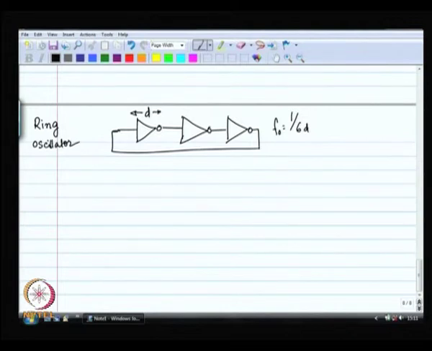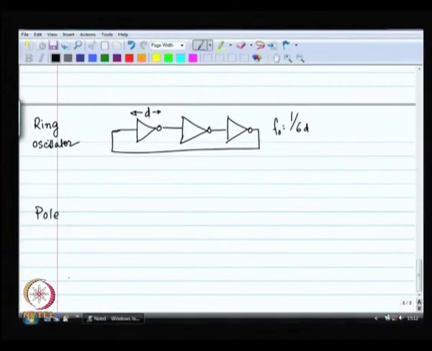A third line of thought is as follows, that you remember your amplifier design, etc., and you remember poles and zeros and so on. What if I place some poles on the j omega axis?